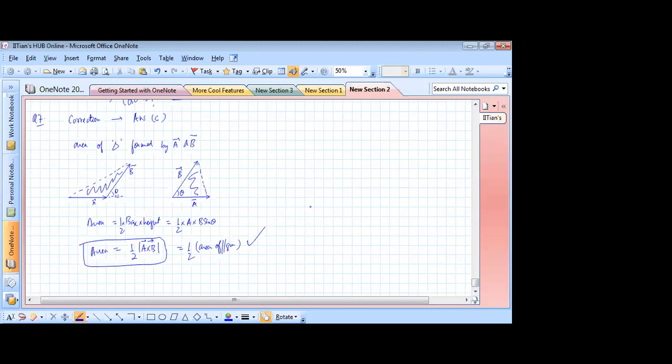Okay, then I think 7th question should be easy. You should be able to work it out. 8th question should be easy too. Try to work it out yourself.